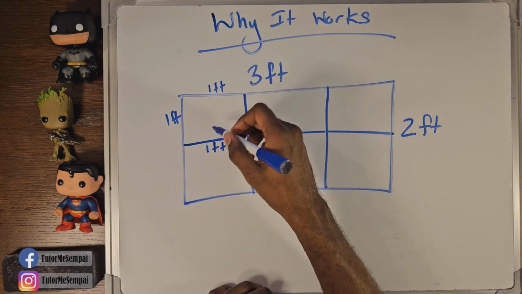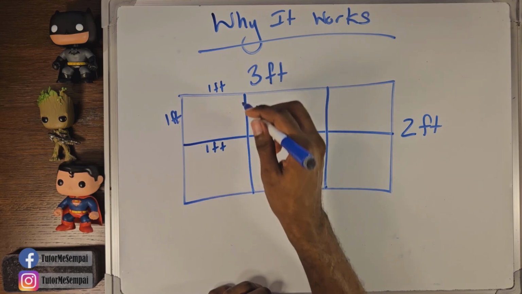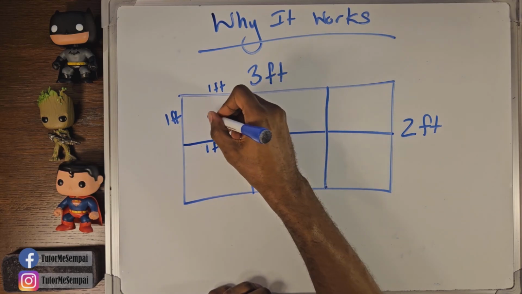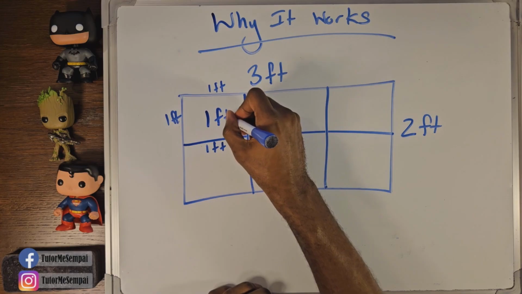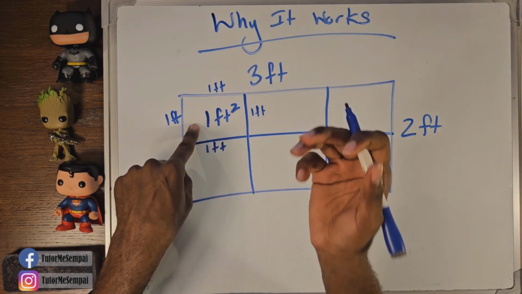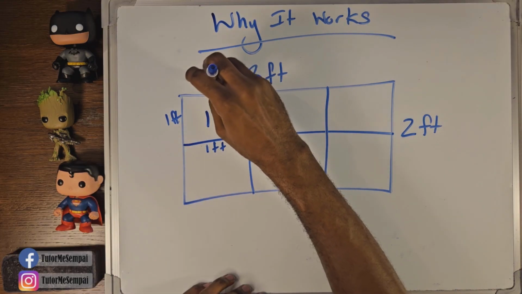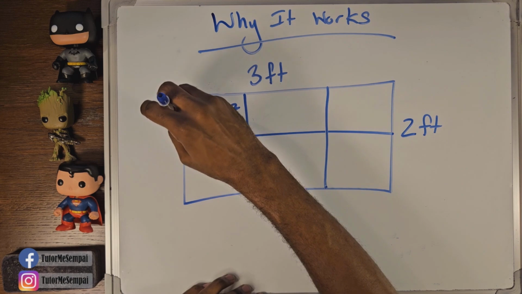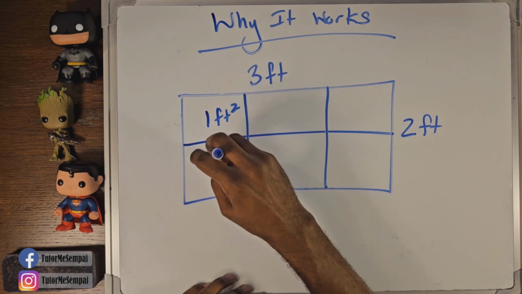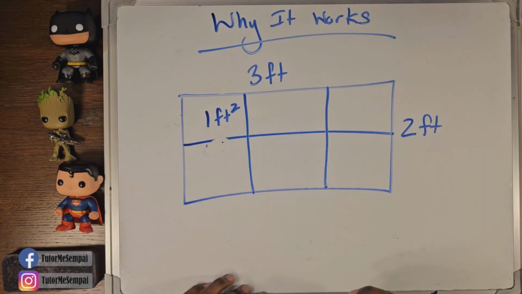Good. And if we were to find the area for this little square here, we would have 1 foot squared. So the area for one of these is 1 foot squared. However, how many do we have? We have more than just one. We have 1, 2, 3, 4, 5, 6.